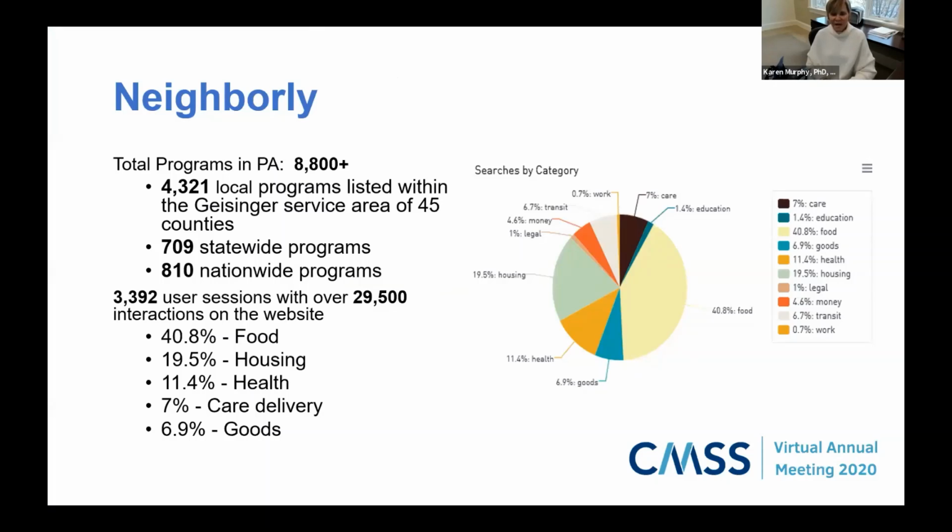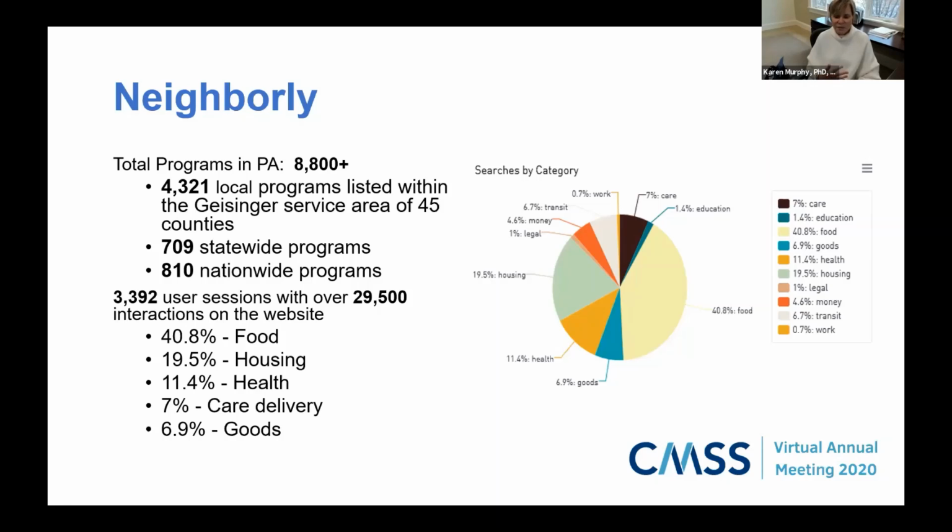So I think we were even taken aback by the quick uptake of Neighborly. You can see the statistics there. The one that grabbed me, during the pandemic, we went as high as almost 60% at one point of individuals looking for food.